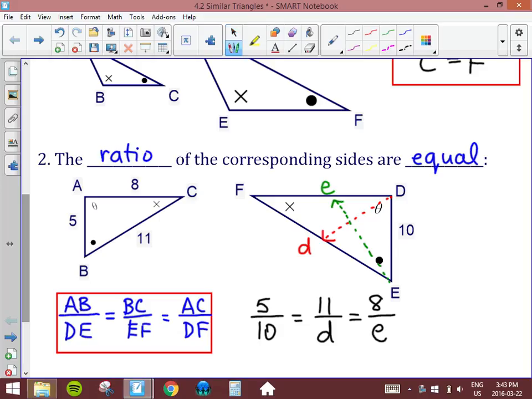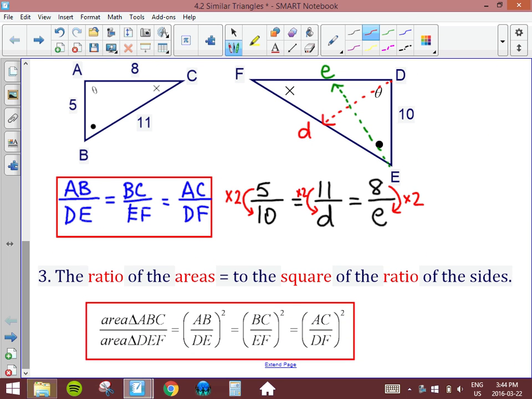Now what I'm noticing is that when I went from the small triangle to the big triangle, I multiplied by 2, so I'm doubling the side lengths. I can also think about it as cutting in half if I was going the other way. So if I wanted to find the side lengths of the other two sides, I could take the smaller triangle and multiply the side by 2 to find the corresponding side length in the other triangle.